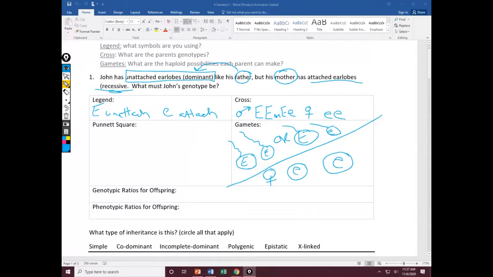Okay, so let's go ahead and set up the Punnett square, although I'm not going to do it. Remember when we set these up, the key is mom on top, dad on the side. And then it's one gamete per box. So one egg over each box, and one sperm in front of each box.